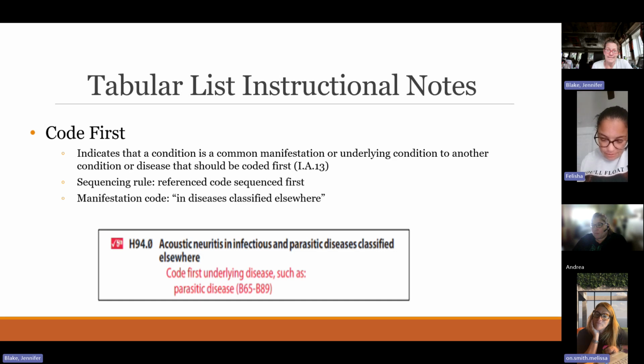That's tough. And you know why they do that too? If you're going to be a coder, most companies are going to hire you and give you a test to take first, and they're going to time you because they want you to code so many charts per hour. The charts per hour depend on what you're coding. If you're coding inpatient charts, they might say 3 an hour because those charts are pretty thick.